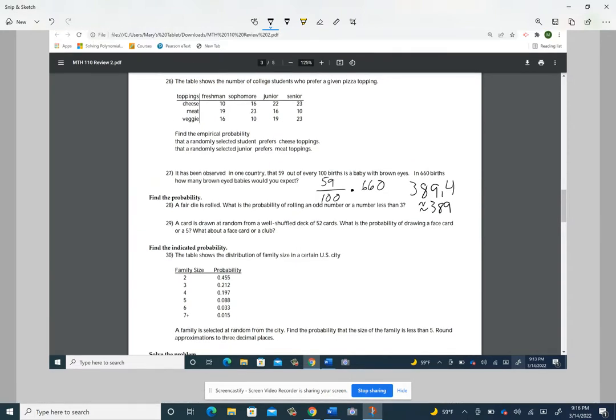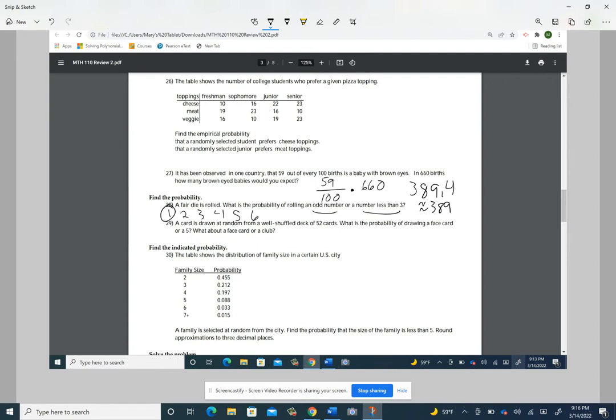All right, so let's look at question number 28. That question says a fair die is rolled, and you want the probability of rolling an odd number or a number less than 3. So I had one of these on the selected problems off of the quizzes. So let's just look at our outcomes.